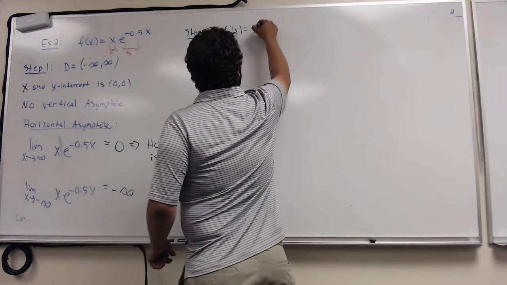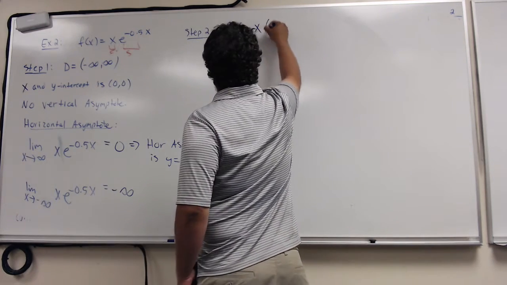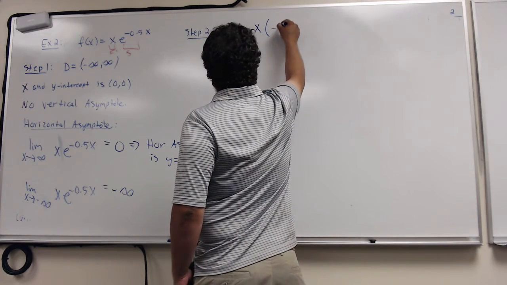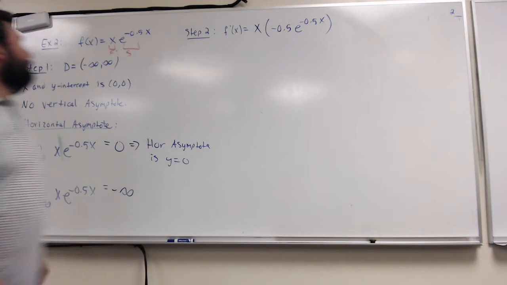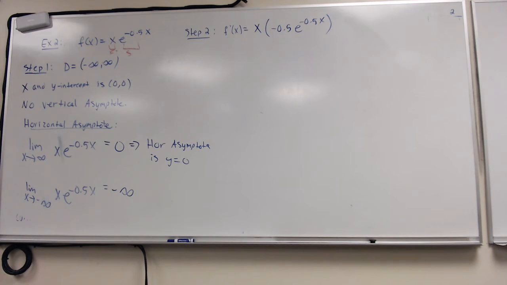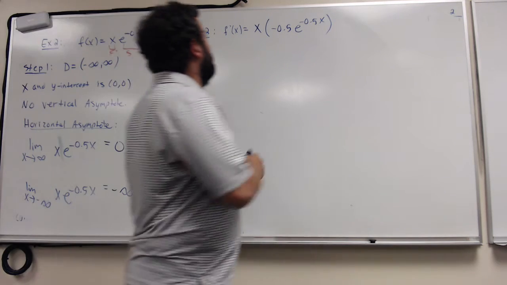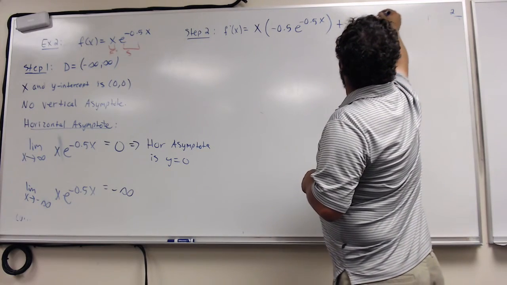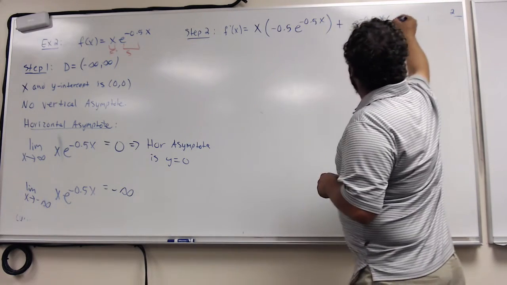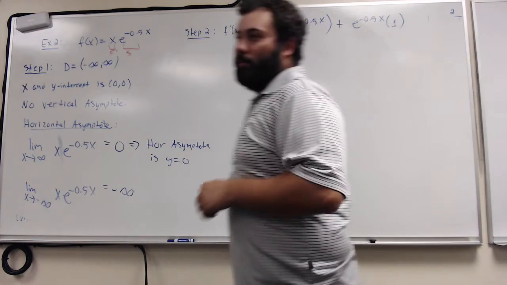So I have my first function x times the derivative, which is just the same thing times the derivative of the exponent. So the derivative of e to the minus 0.5x is minus 0.5 e to the minus 0.5x. And it's going to be plus the second function times the derivative of the first, which is this positive 1.